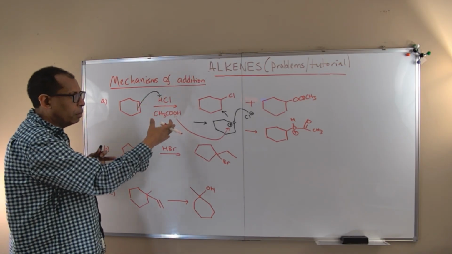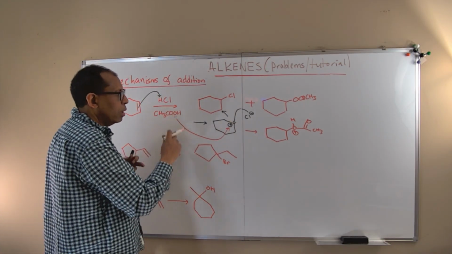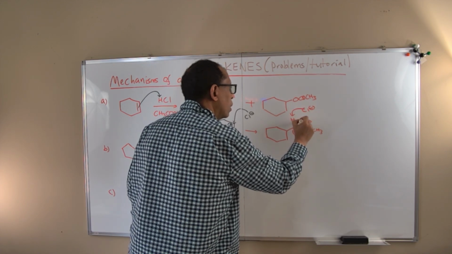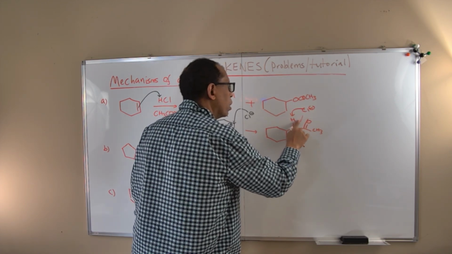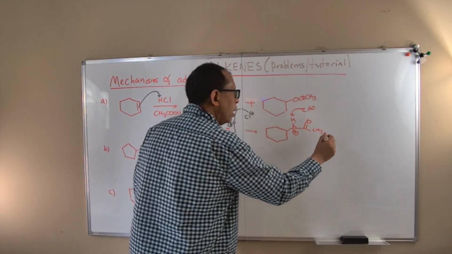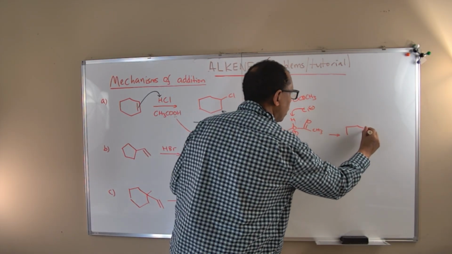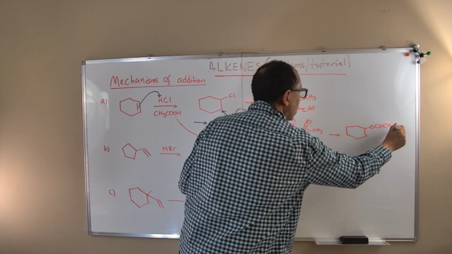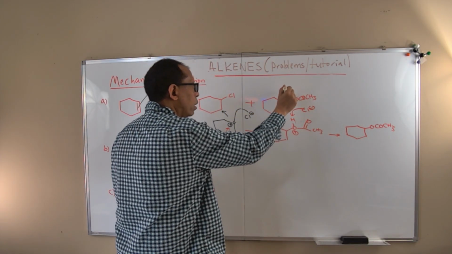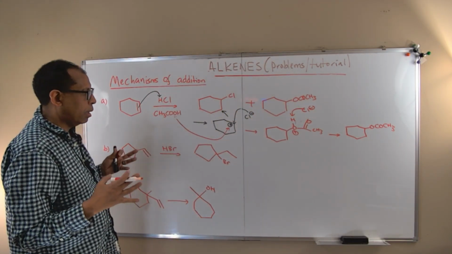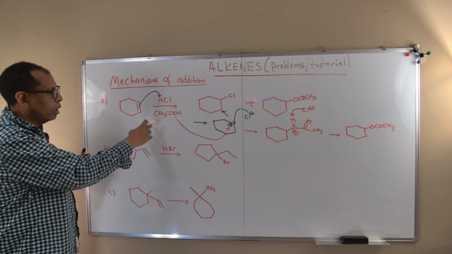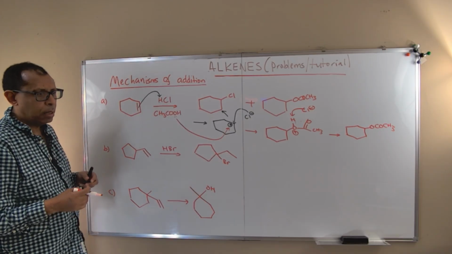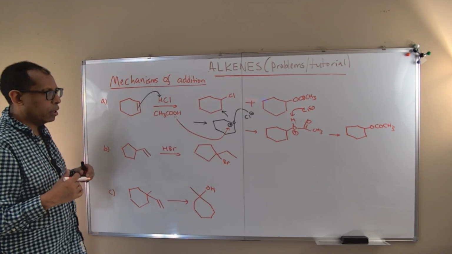Now, there is a lot of basic stuff around. For example, Cl minus can pick up this proton, take it away to regenerate hydrochloric acid, and finally the product would be OCOCH3, which is this one. That's formed because the acetic acid is nucleophilic enough to attack the carbocation that is very reactive.